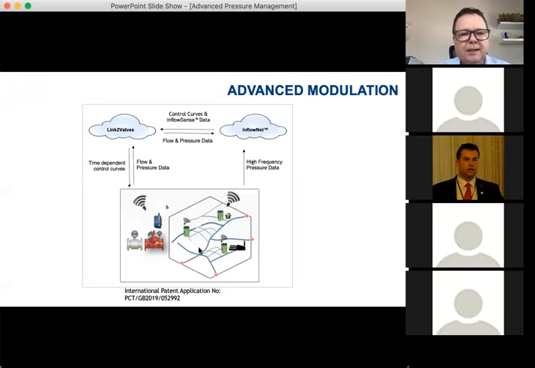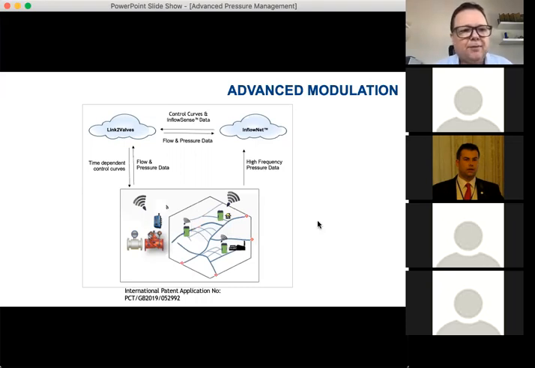Now this data goes up to the cloud again, and the curves can be developed for multiple critical points. That can then go into your controllers, like they're doing with Clayval here, and that can then control the pressures in your network.